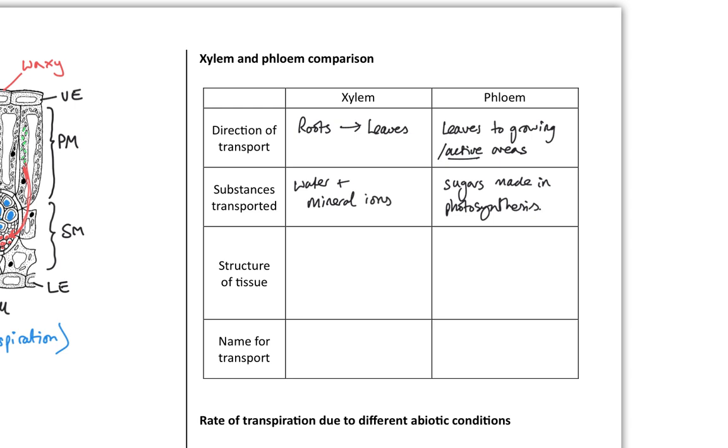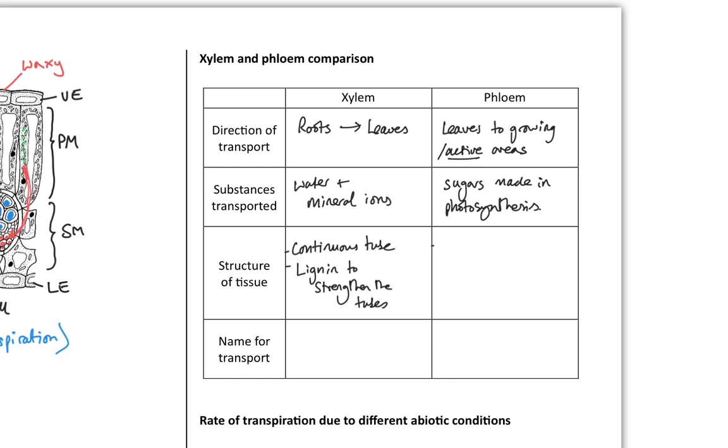Structure of tissue. So they are both tubes, but we need to know that xylem is a continuous tube, and there's lignin to strengthen the tubes. Whereas phloem is kind of semi-continuous.